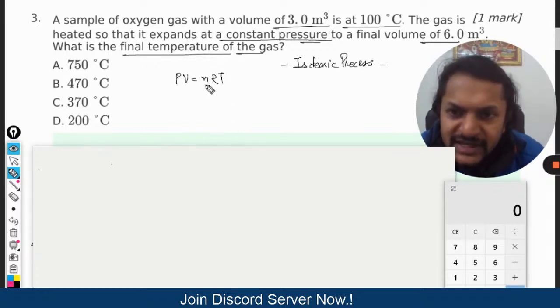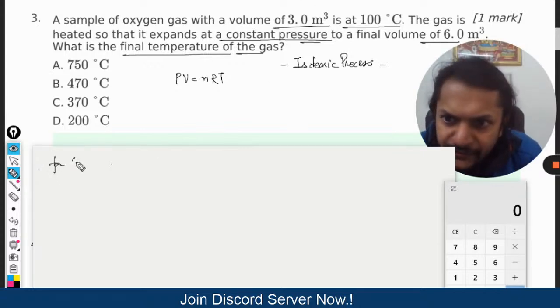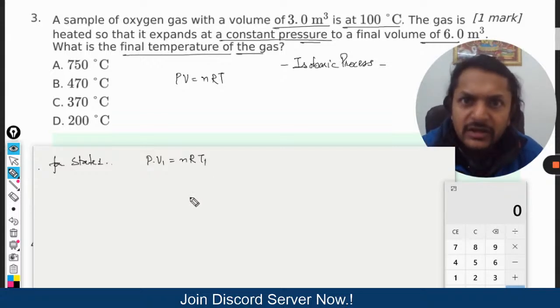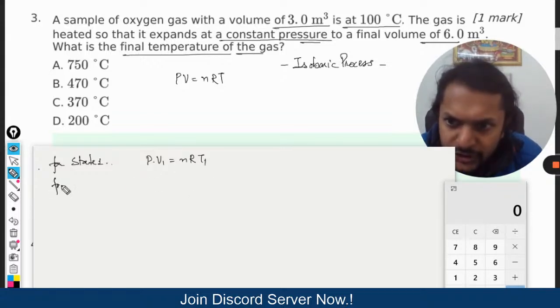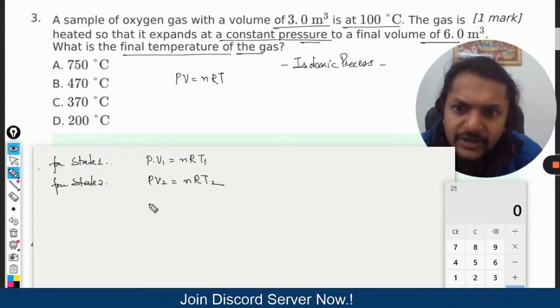So we can always say that for state 1, it should be PV1 is equal to nRT1, and for state 2 it will be PV2 is equal to nRT2.